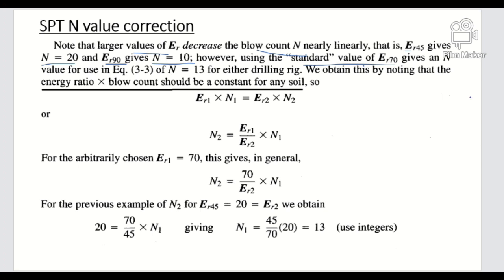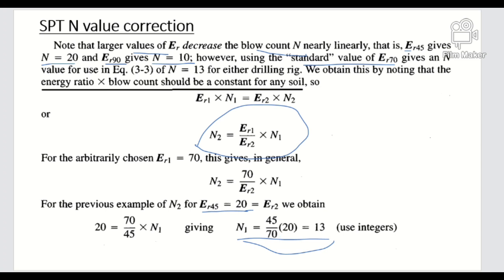Here the energy ratio and blow count should be constant for any soil. If we have energy ratio 45 with SPT value 20, we can convert into energy ratio 70, so the N value will follow this formula. So here we can see the N value is 13 for energy ratio 70.